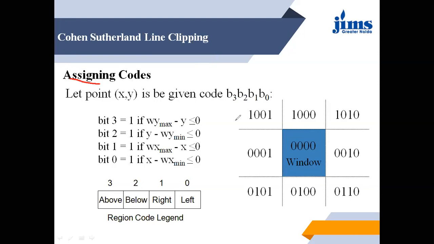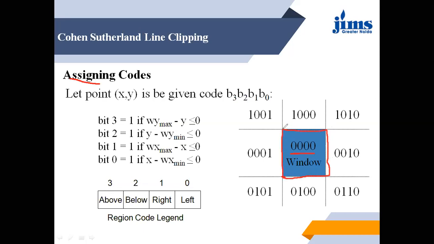As we divide the window into these 9 different parts, where the coordinate of the window is 0, 0, 0, 0, it represents the code for this window.